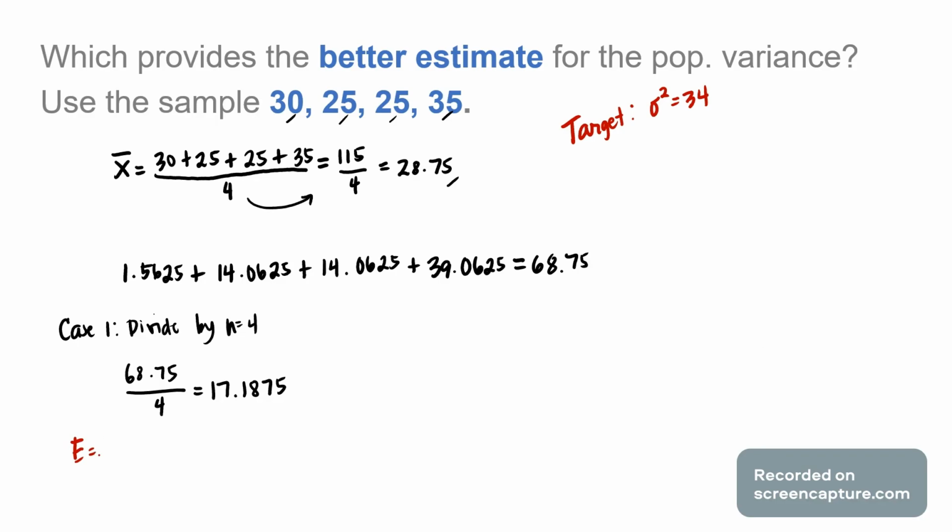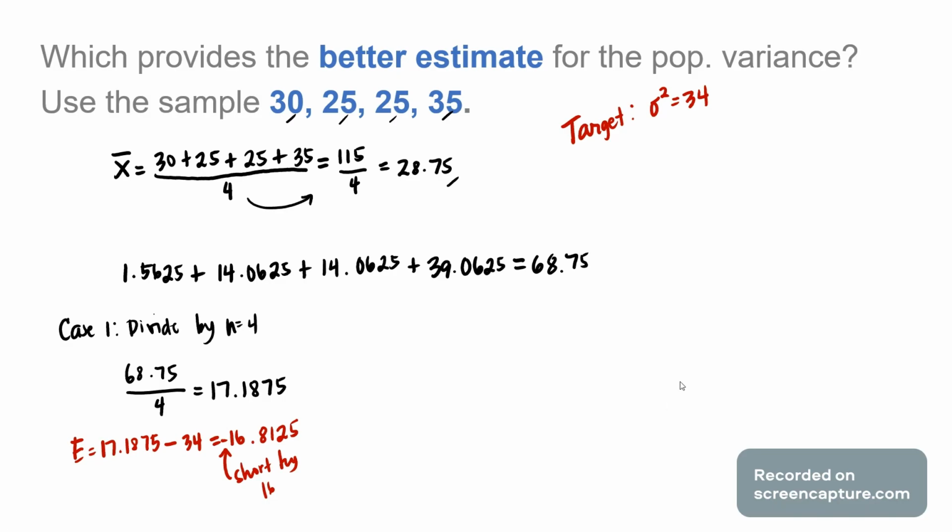So error is the difference between your estimate, in this case 17.1875, and our parameter, which is 34. And the difference here is negative 16.8125. This means that we are short by 16. Our estimate is short by 16.